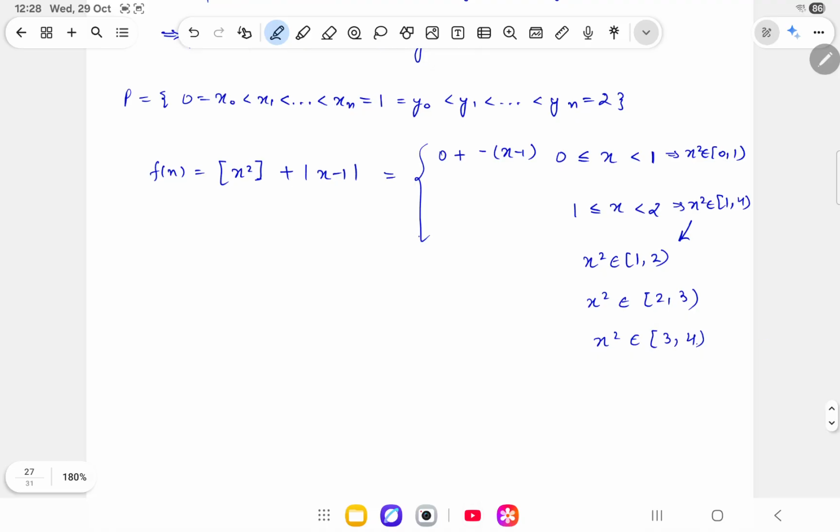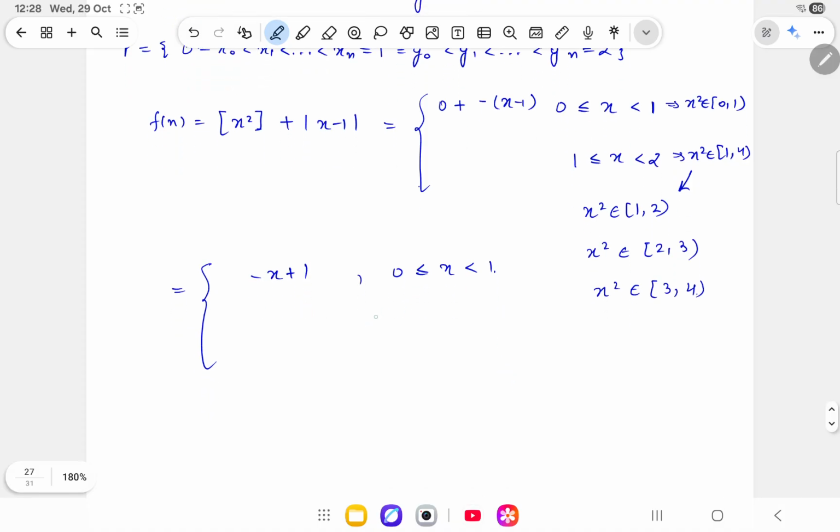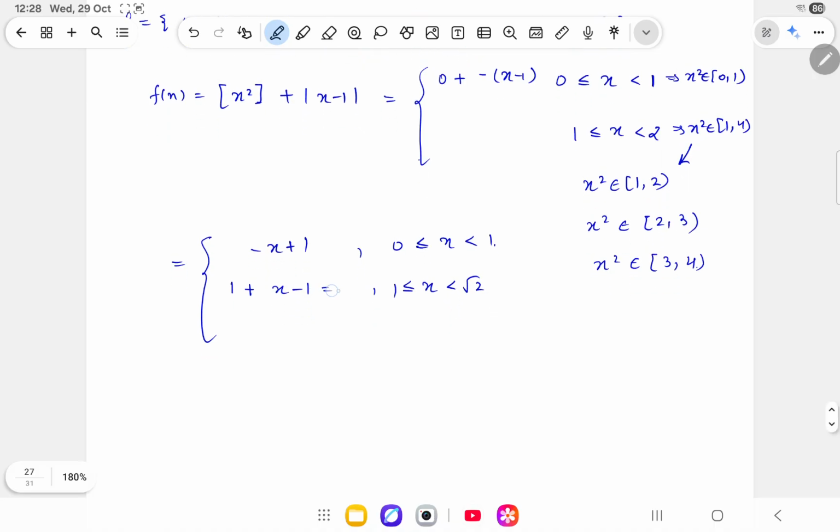So let's break our function f(x) like that. It will be minus x plus 1 when 0 ≤ x < 1. When x lies in the next part, it will be 1 plus x minus 1, that is x only.